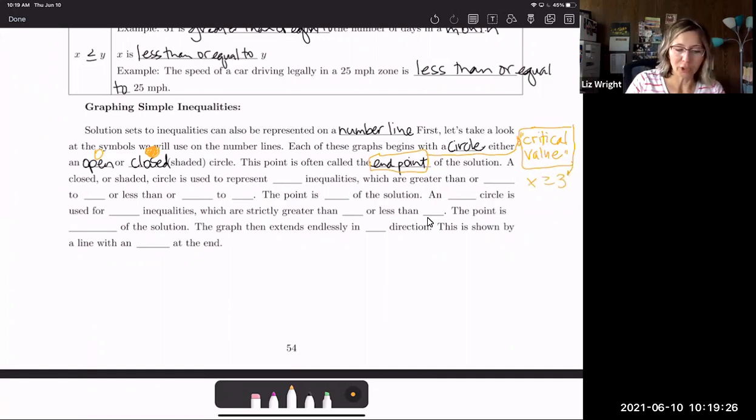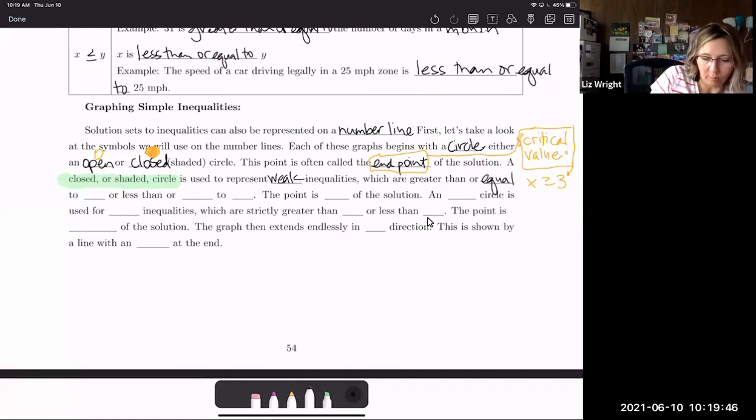A closed or shaded circle, so this is important for you to kind of keep track of this. A closed or shaded circle is used to represent what are called weak inequalities, which are greater than or equal to. And then we're going to fill in what that symbol looks like. So a greater than or equal to looks like this, greater than or equal to, or less than or equal to.